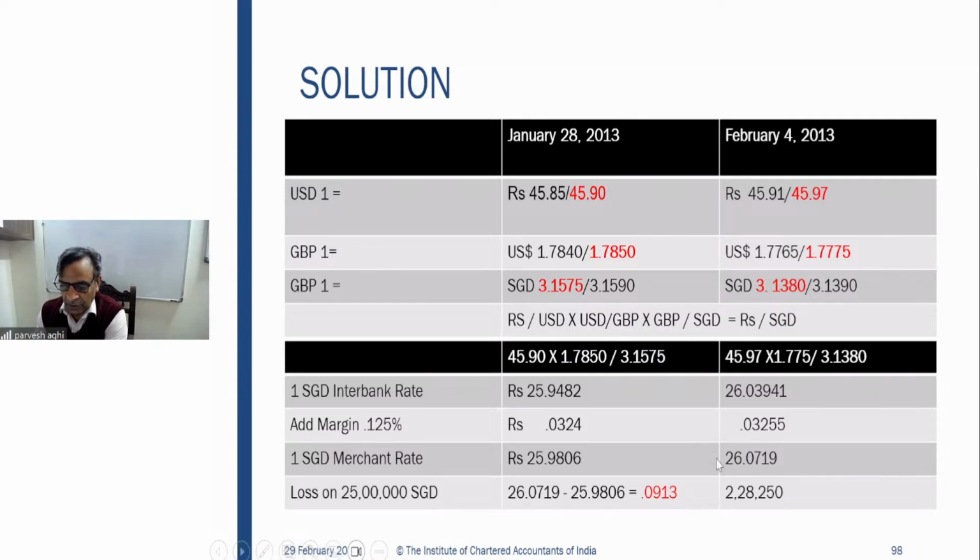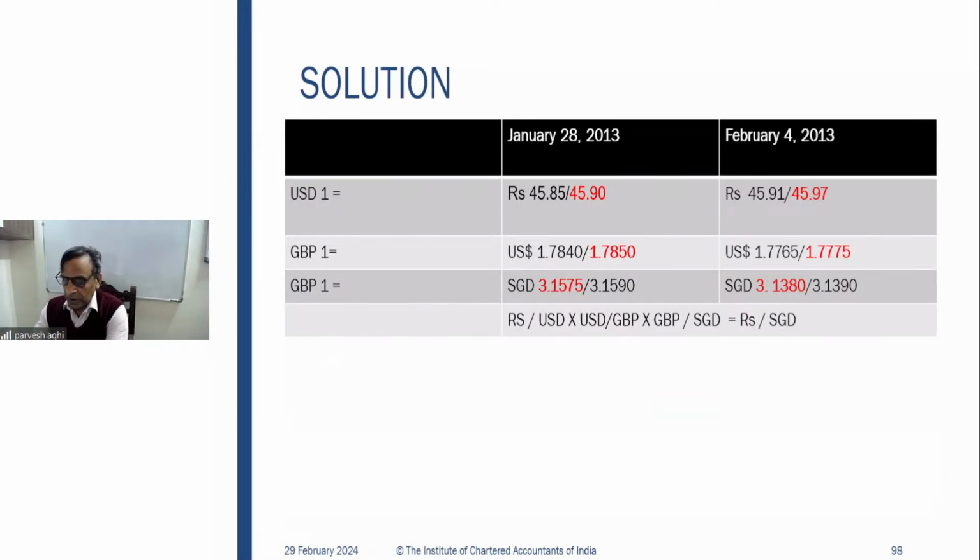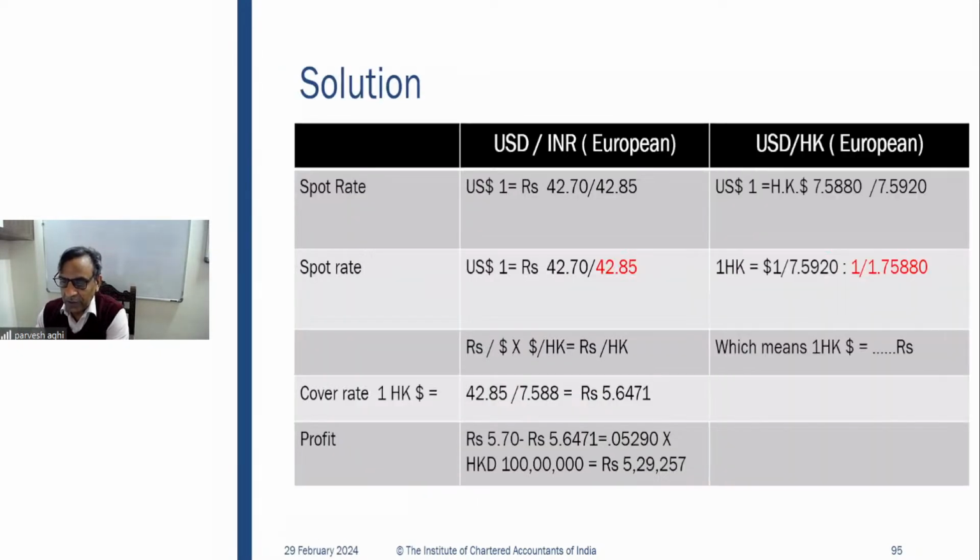That means, if he had made the payment at 25.98, now he's making the payment at 26.07. So he's losing 0.0913 rupees, multiplied by 25 lakh Singapore dollar. So the loss comes to 2,28,250.